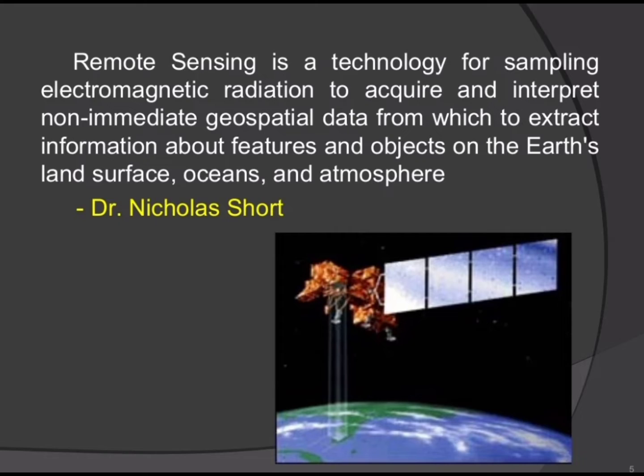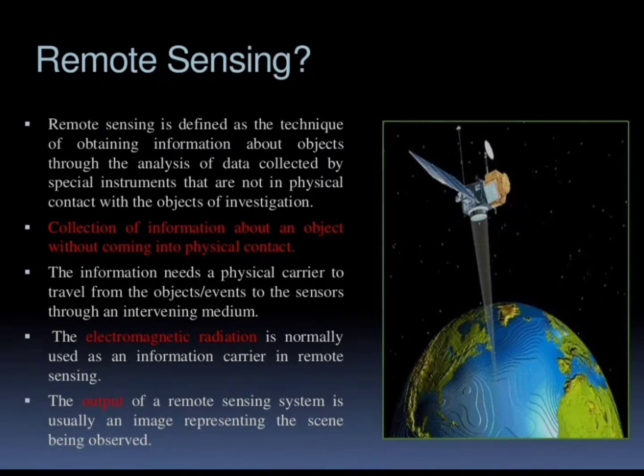Remote sensing is a technology invented by Dr. Nicholas Short for sampling electromagnetic radiation to acquire and interpret non-immediate data from which to extract information about features and objects of the earth, land surface, oceans and atmosphere. It is also a collection of information about an object without coming into physical contact.